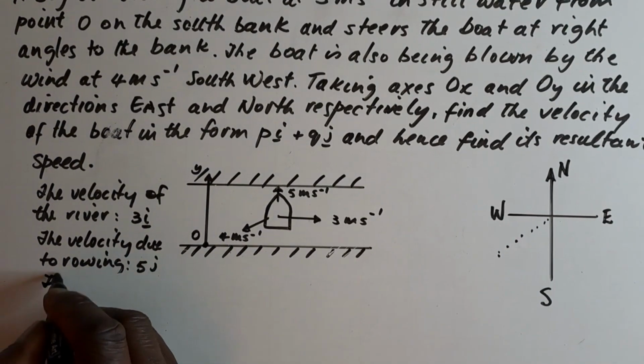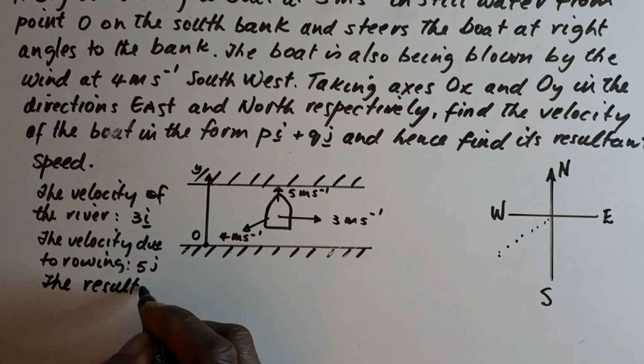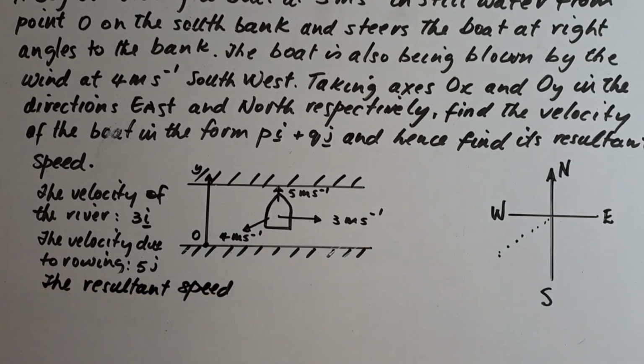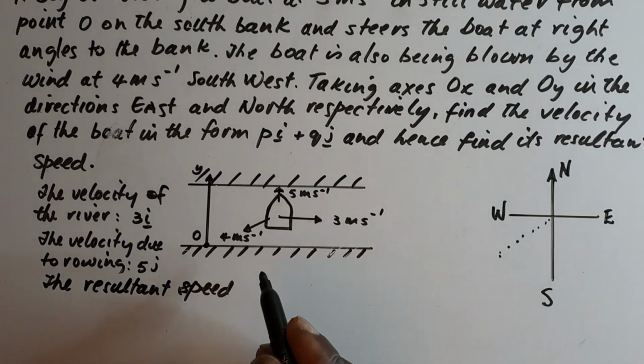So now the resultant speed now, and always is, a quantity, a scalar quantity, which is the magnitude of the velocity.